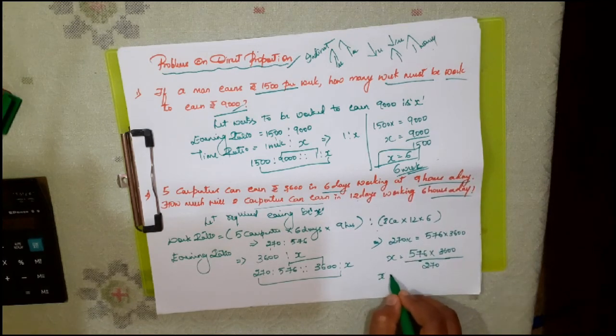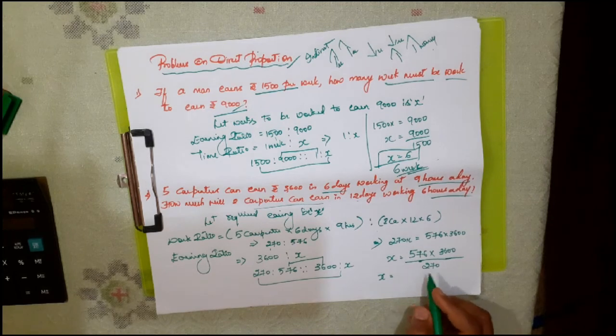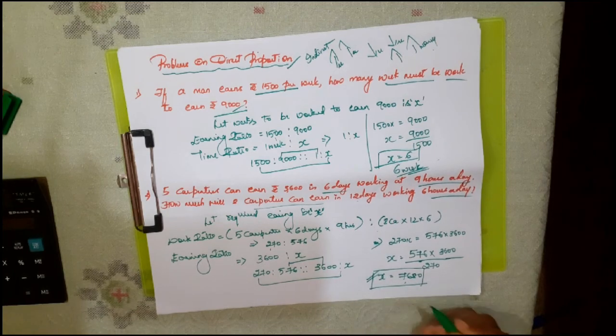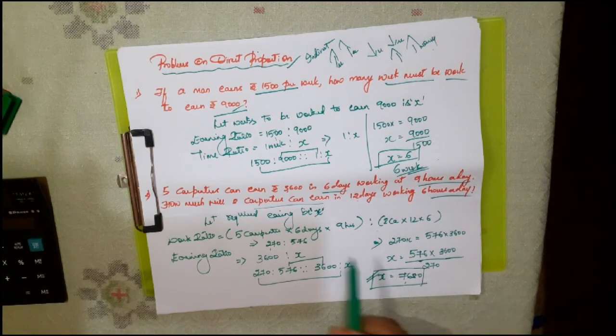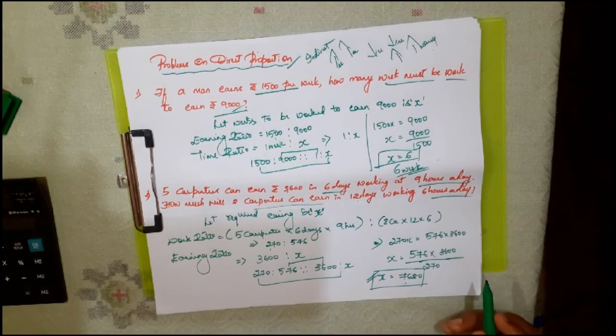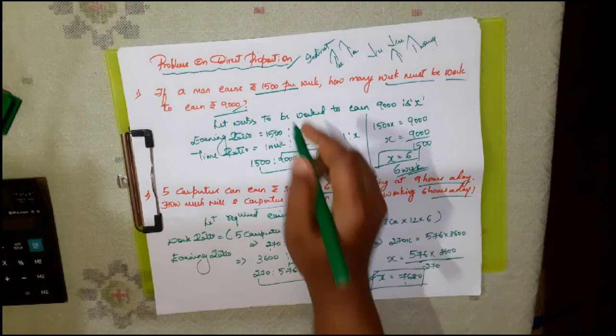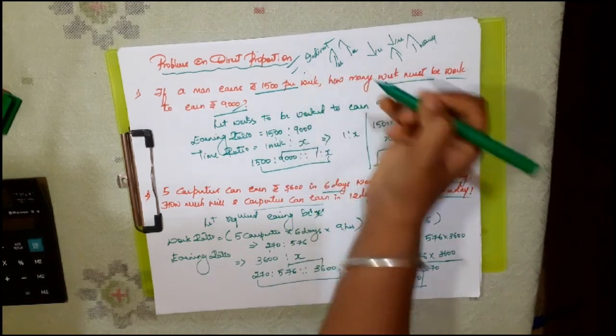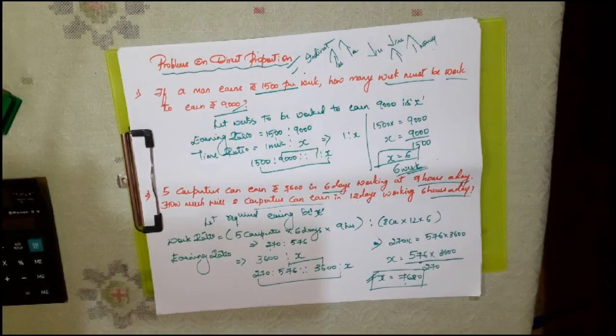So you are getting X as 7680. That means he is able to earn 7680 rupees working with 8 carpenters, 12 days, 6 hours a day. So this is how you have to calculate when it comes to direct proportions. Finding out whether it is a direct or indirect proportion is very important to solve the sum.